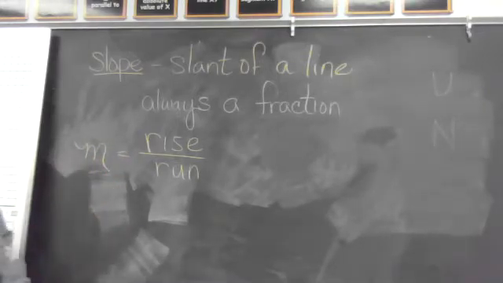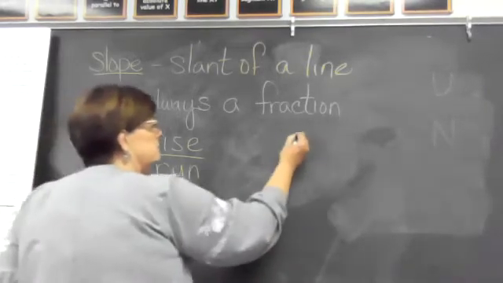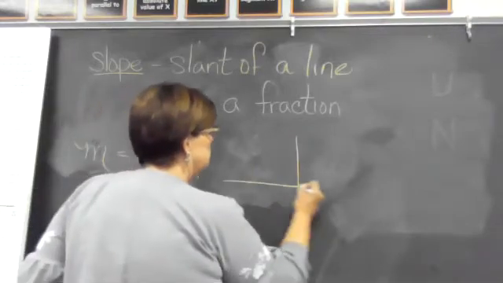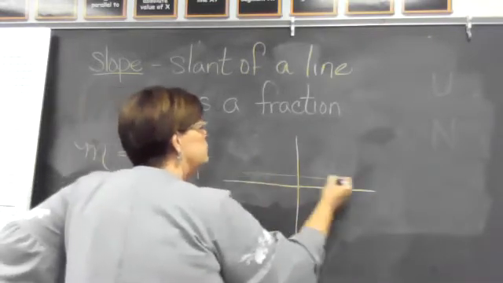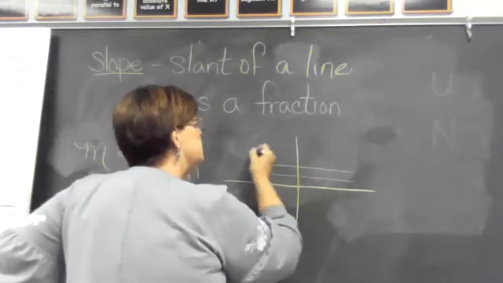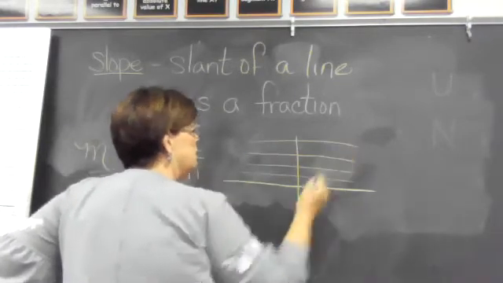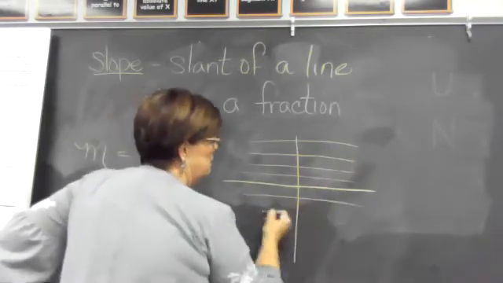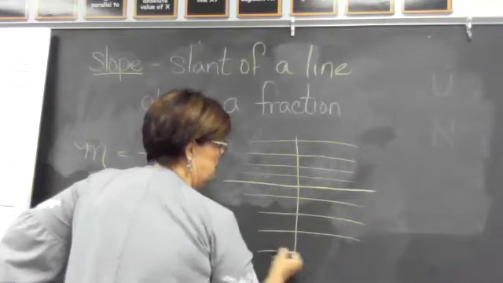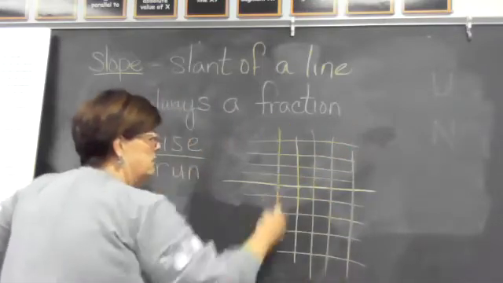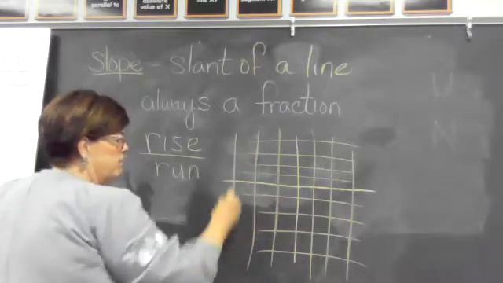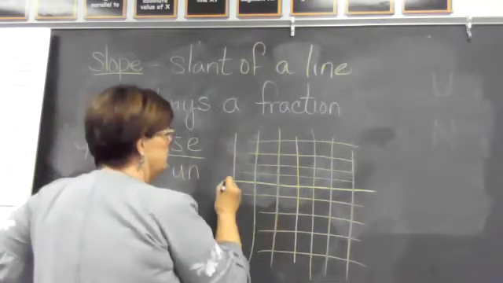So here's how you work it. Let's say, and I'm gonna try to draw some straight lines, trying to draw them big so you can see what I'm talking about.